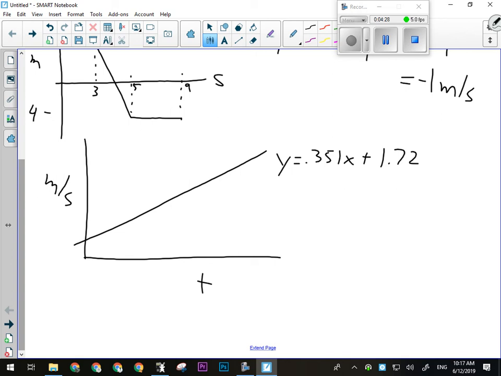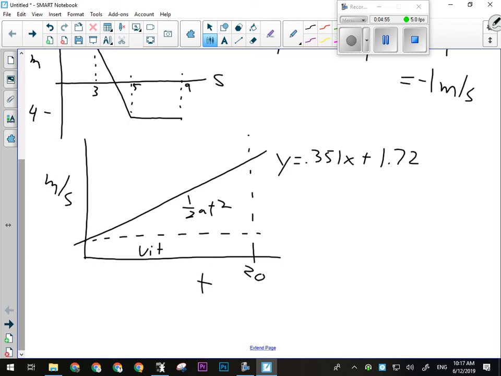So if I'm looking at this one here and I want to calculate the total displacement, that means I need to calculate essentially the area under the line to 20 seconds, right? So I need to calculate this box and this triangle, which I can do if I use d equals v_i times t plus 1/2 a t squared.